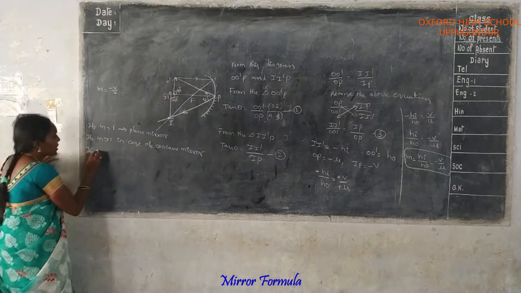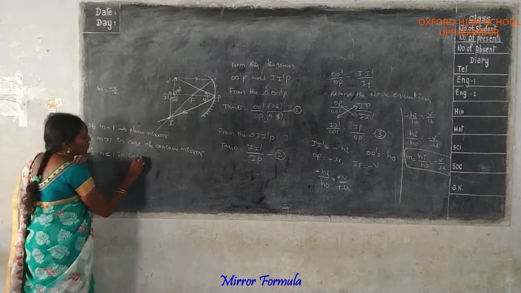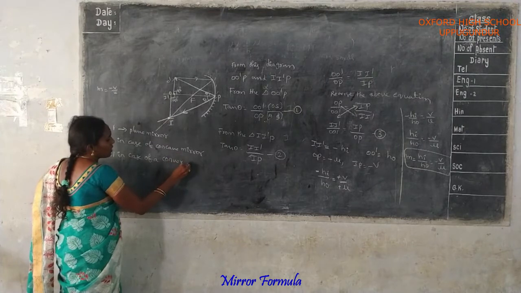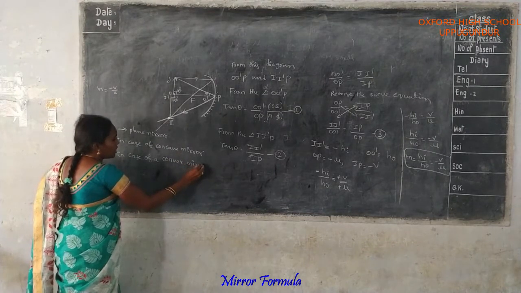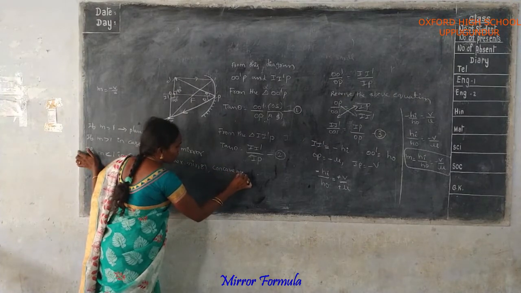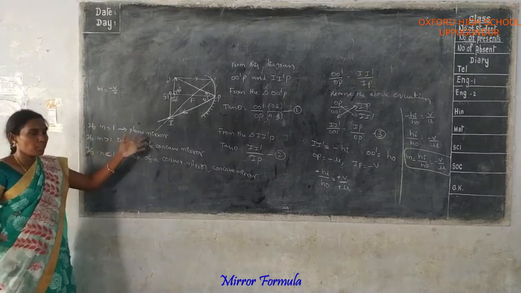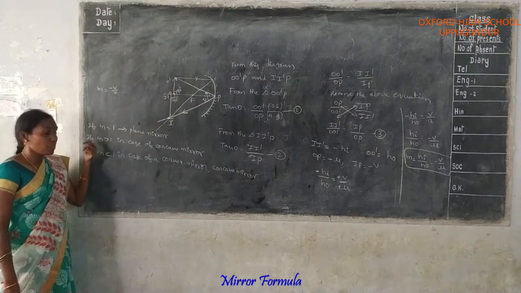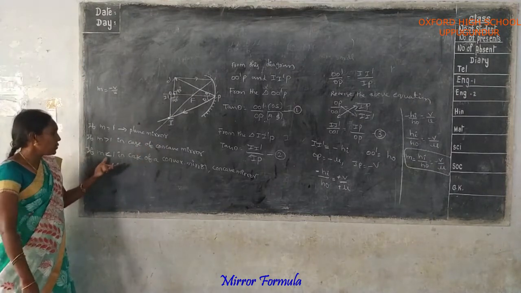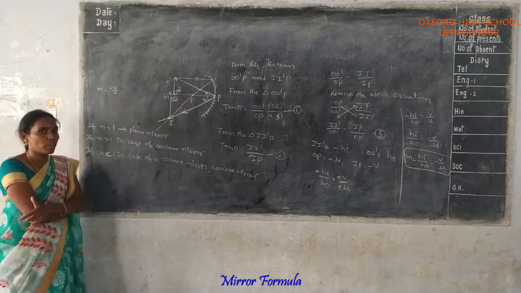If magnification is less than 1, it is a convex mirror or a concave mirror.